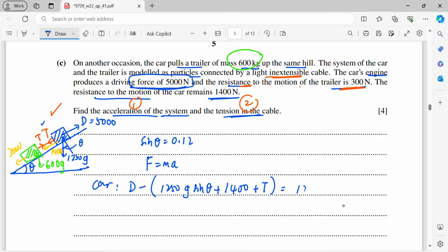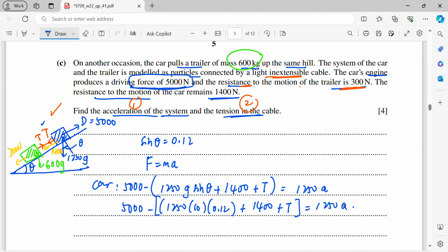The m is 1250, so 1250a. Now, D is 5,000, so I replace D by 5,000. Then I get 5,000 minus, in brackets, 1250 times 10 times 0.12, plus 1400 plus T, equals to 1250a.